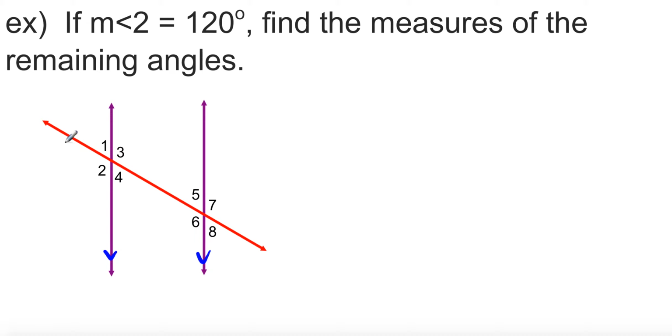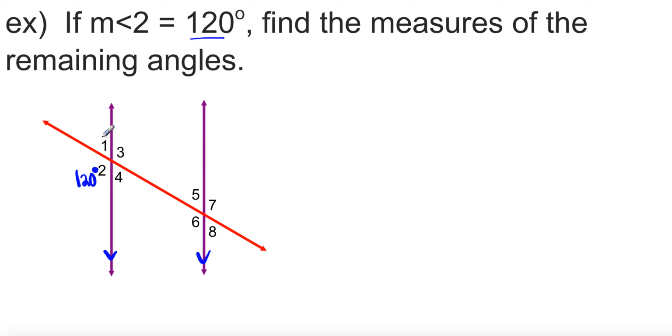All right, and the red line is the transversal, because transversal just means it's cutting the lines. They give us, if the measure of angle 2 is equal to 120 degrees, find the measures of the remaining angles. So the first thing I would do is I would put 120 degrees right here on angle 2. Now, a couple of things we can do here.